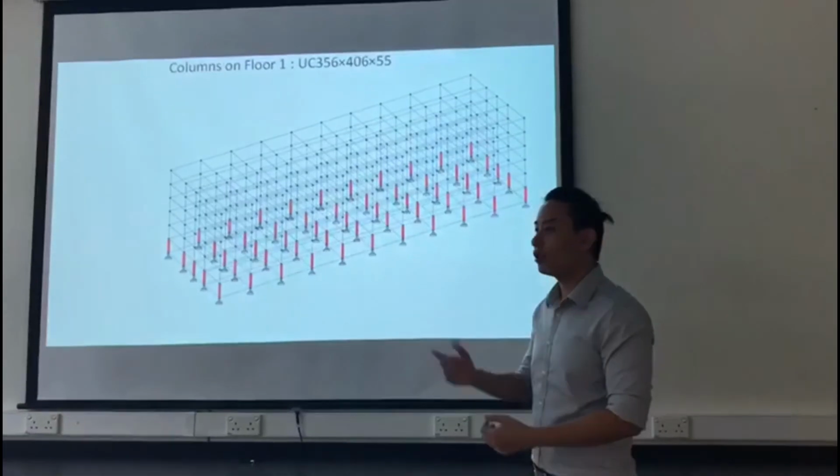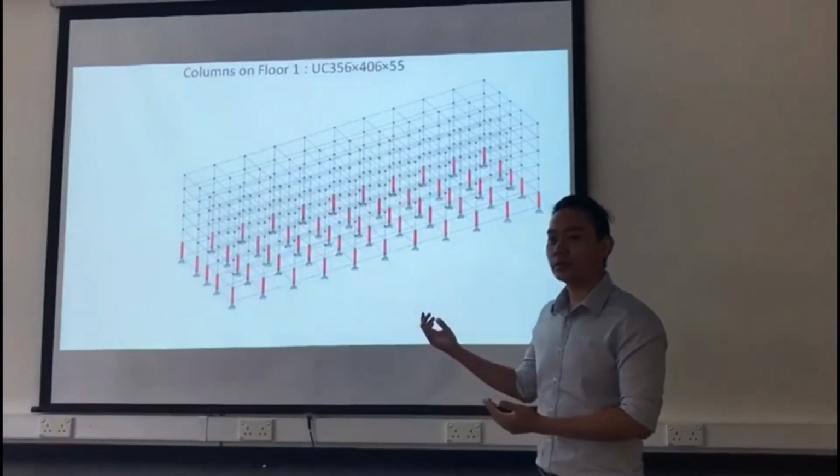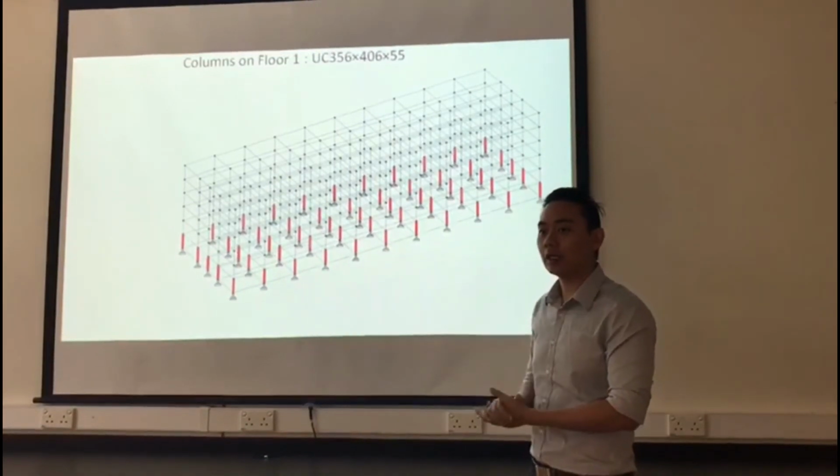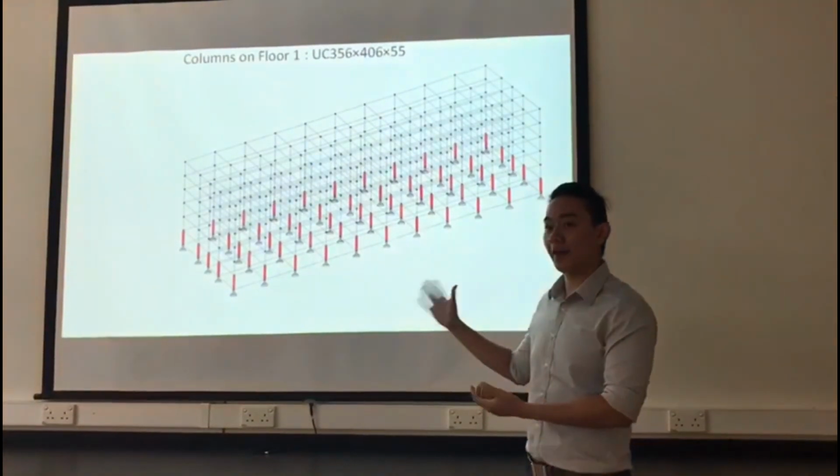Mr. Dexter, I noticed that for different stories, there are different properties for the columns. Can you explain why there are different properties for the columns? So we've run some analysis, and we found that when we applied load, we had a lot of failed members.